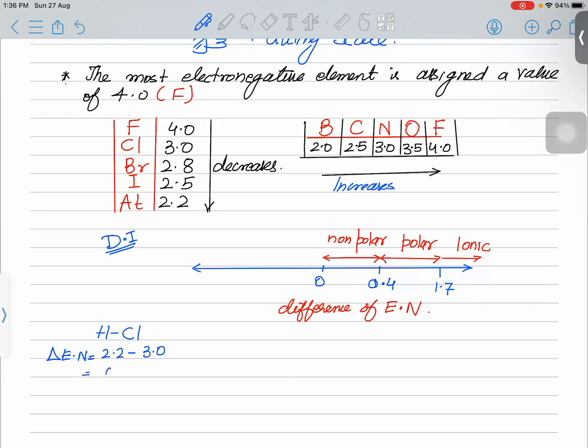So the difference is 0.8. Ignore the negative sign, or you can write 3 minus 2.2, so 0.8. Can you tell me the nature of HCl bonding? Polar, non-polar, or ionic? Is it between 0.4 and 1.7? It's polar. Yes, so HCl is polar.